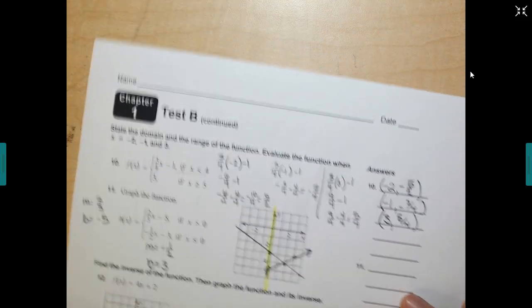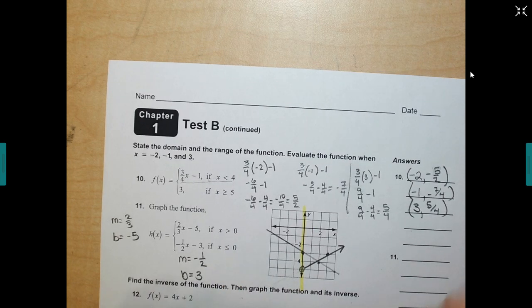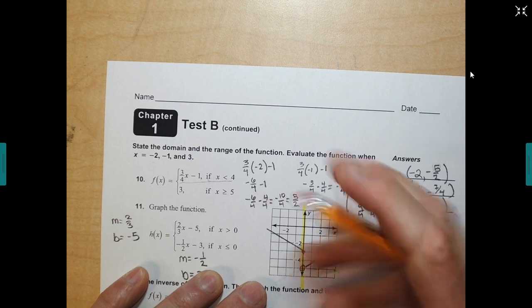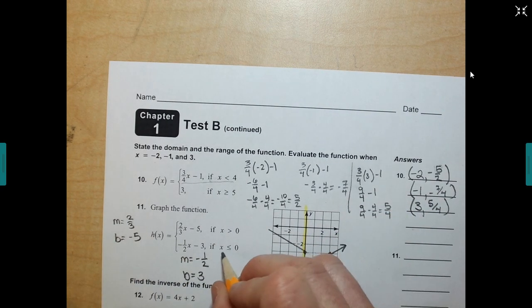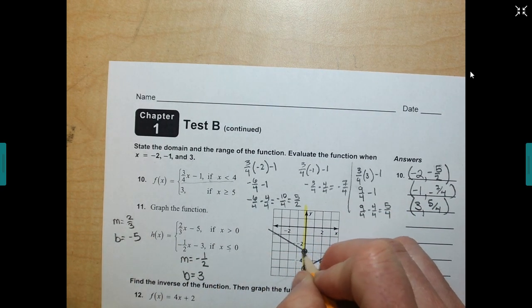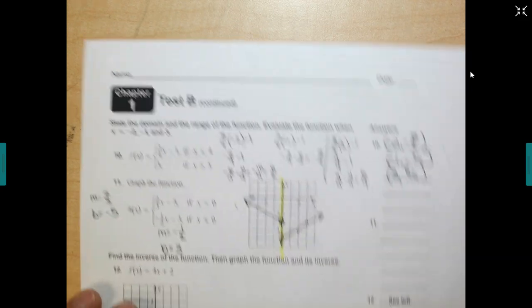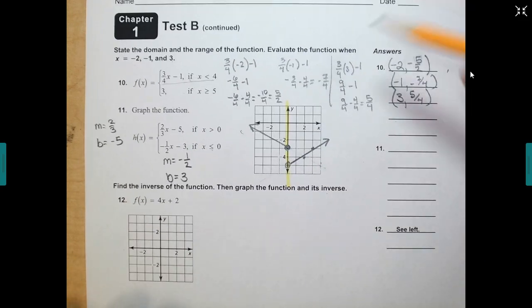Okay. If x is less than or equal to 0, so I got to take out the greater than. Now it's equal to, so I put equal to. There's my line. So I just graphed this piecewise function.